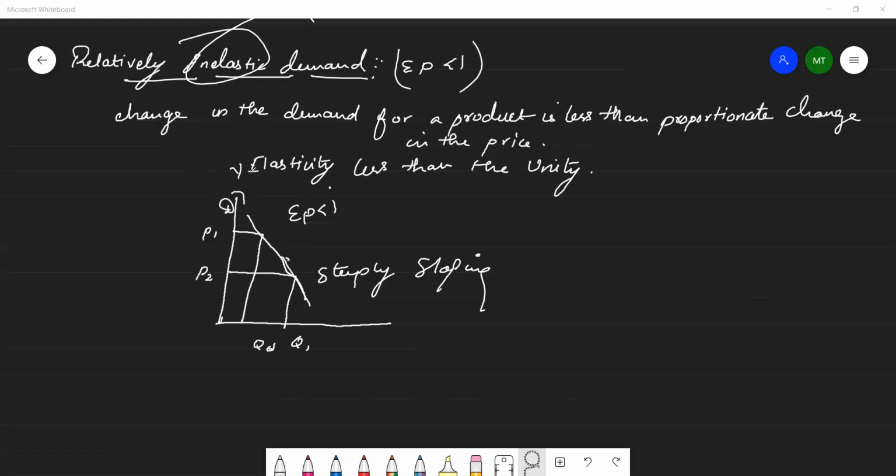X-axis, so quantity demanded, not the price now. That's all. So the less than the proportionate change, the demand is said to be relatively inelastic.